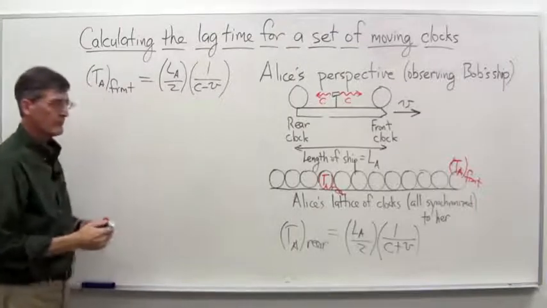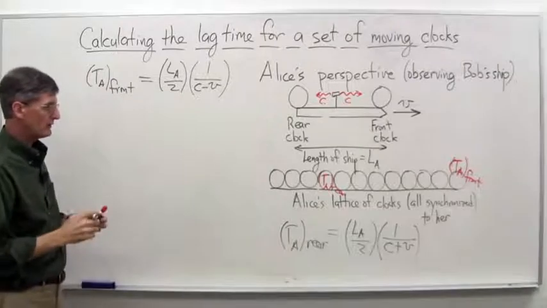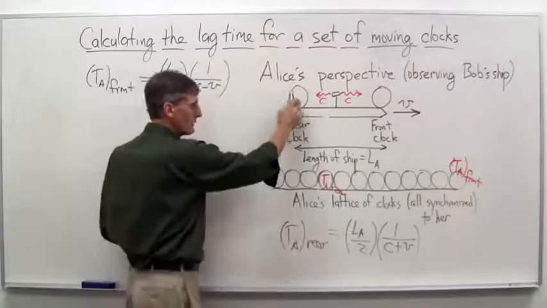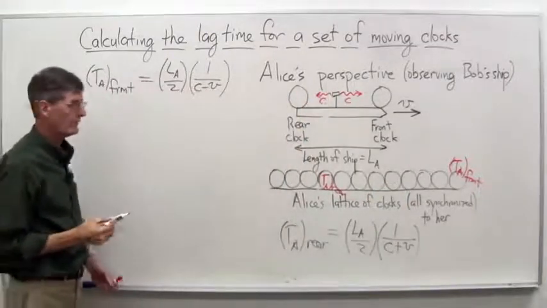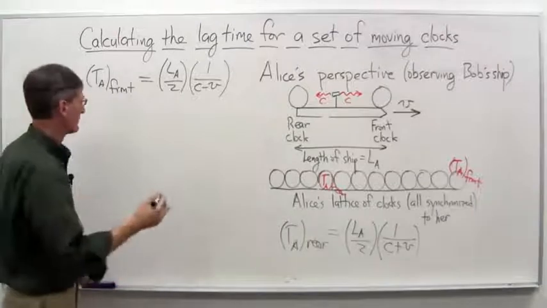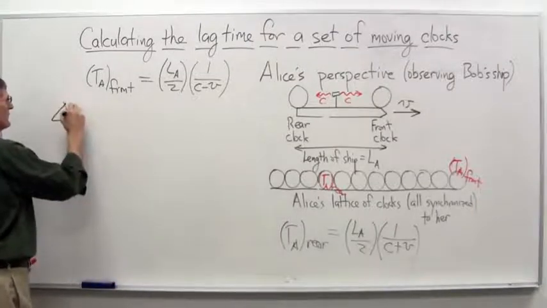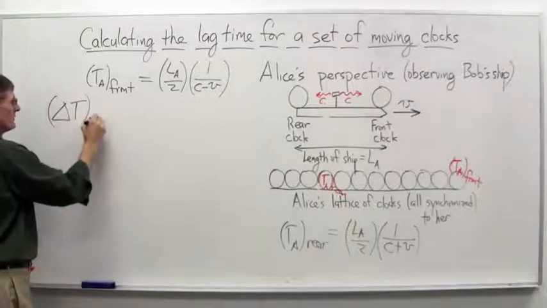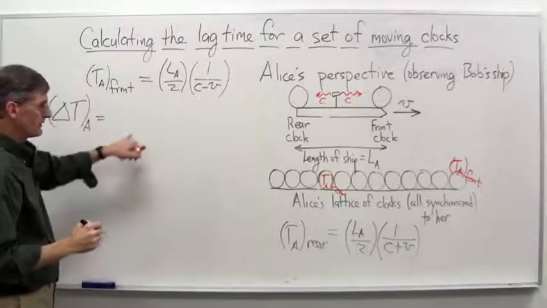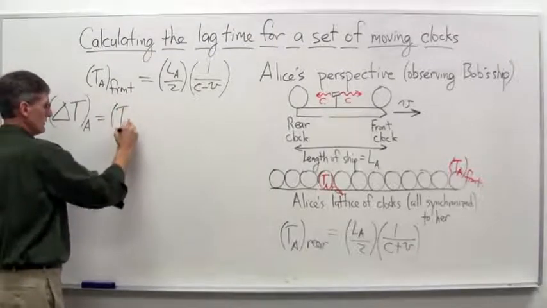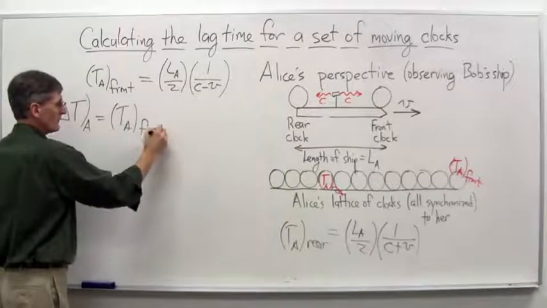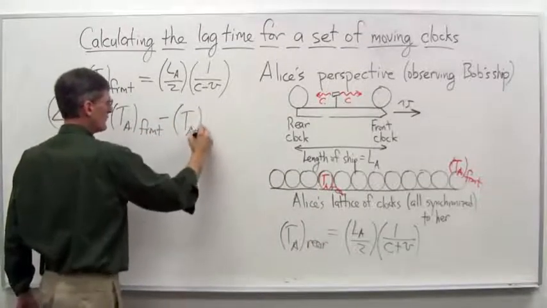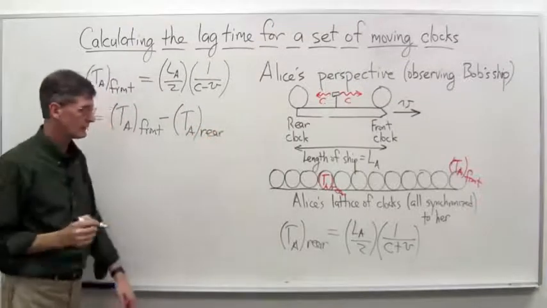Again, we're thinking about Alice here. What is the time difference that Alice reads on her clocks between when the light beams hit Bob's front and rear clocks? Well, that time difference, for which we often use the delta symbol, so delta T for Alice, is going to be simply TA front, the time when the front light beam hits, minus the time when the rear light beam hits.